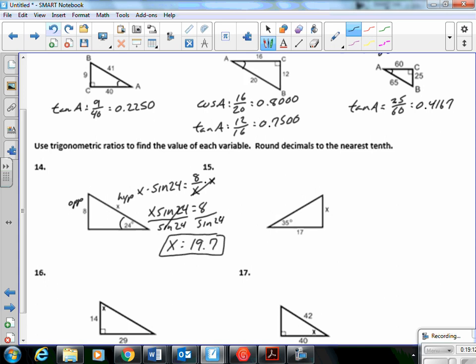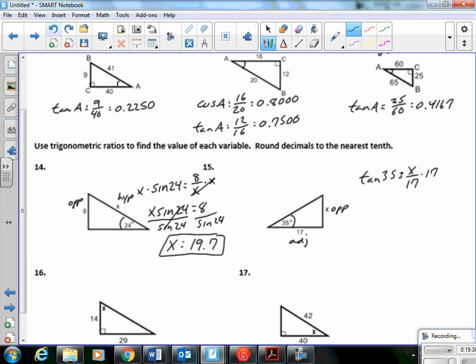Then next one, got a 35-degree angle. x is the opposite side, 17 is the adjacent. So trig function with opposite and adjacent is tangent. So tangent of 35 is going to equal the opposite side x over the adjacent side 17.